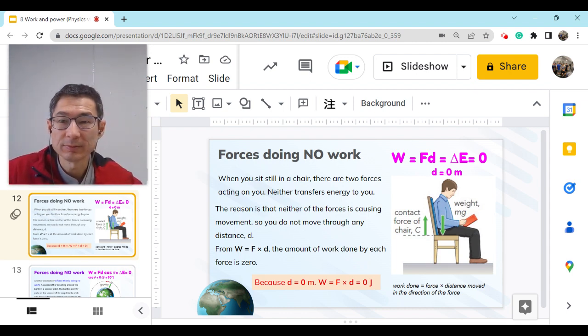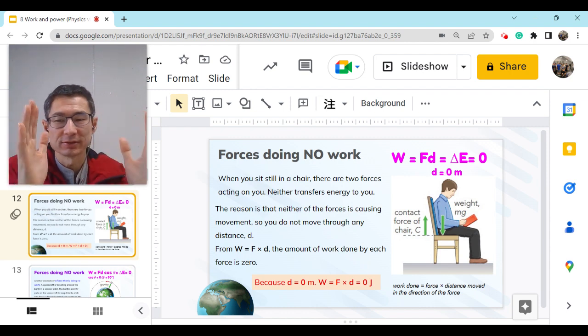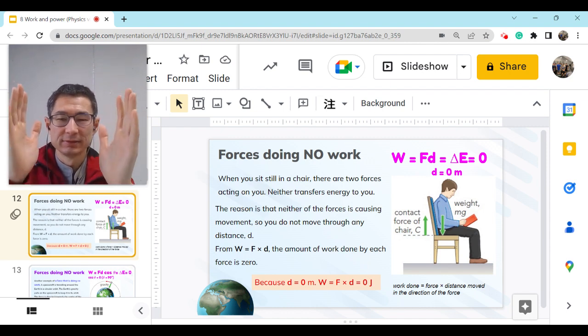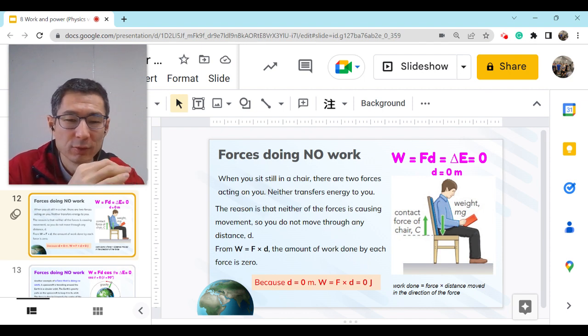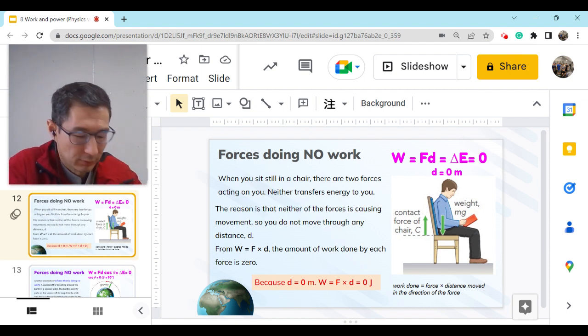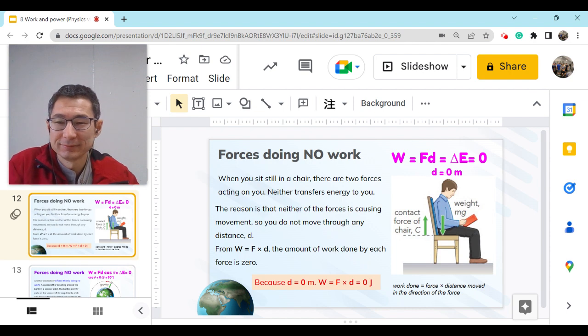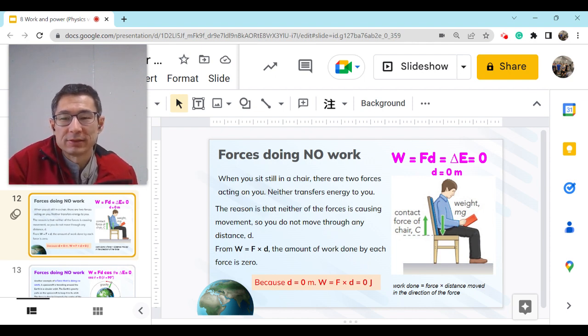All right. Sometimes there is a force, but because there is no distance, the object is not moved any distance. The work done is zero; the force is doing no work. For example, when you are sitting on a chair, you are not moving. There is a gravitational force, isn't it?